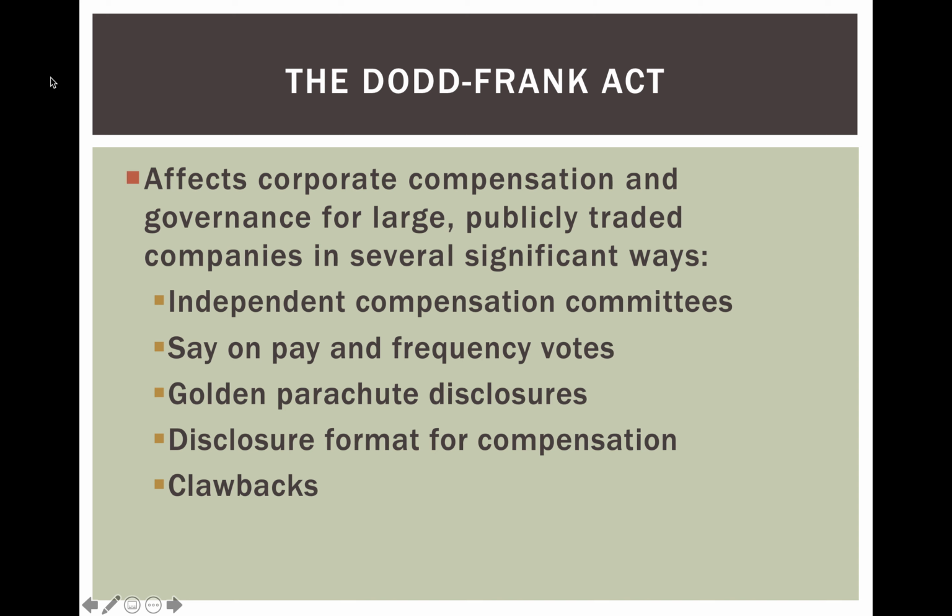The Dodd-Frank Act also required companies to disclose what we call golden parachute situations. This is when a company is failing or somebody is being ousted from a company, but top executives are being paid huge sums of money on their way out. And we've seen this in the financial sector.